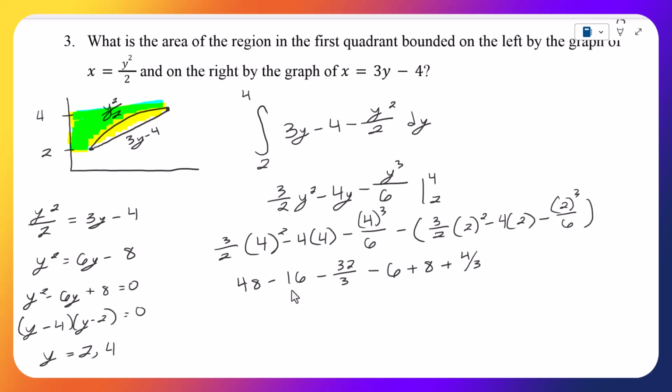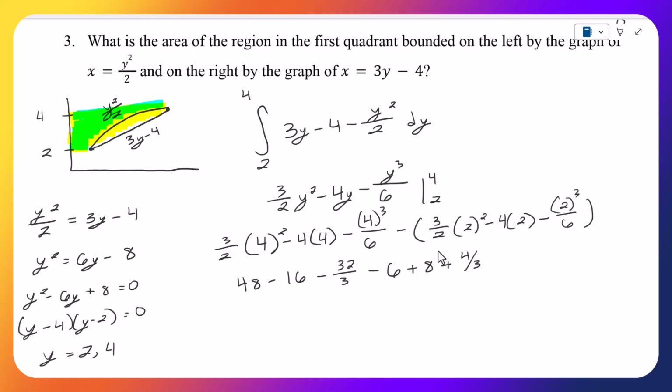Did I do math wrong somewhere? Sorry, I'm thinking I made a mistake again, but maybe I didn't. Oh, I did make a mistake. Okay. I was like, this does not look right.